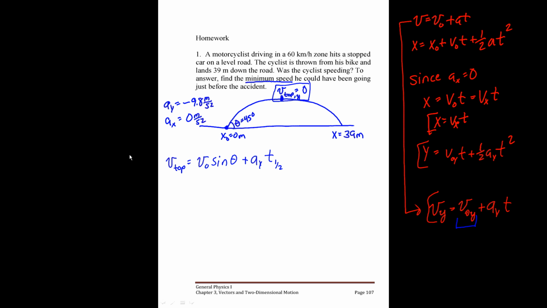All right. Further, I can take this equation right here, and thinking about this point, which is halfway, I can say that x over 2, that's half my total distance, because I'm looking at this point, which is half the total distance, is equal to V naught cosine theta.